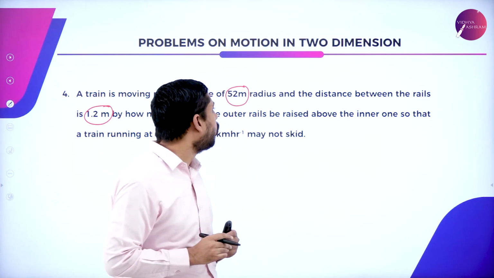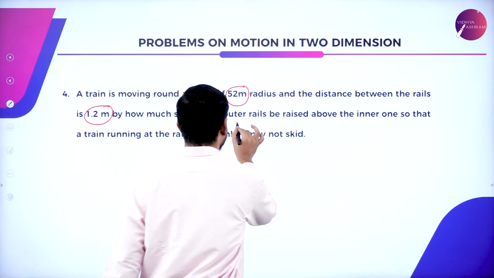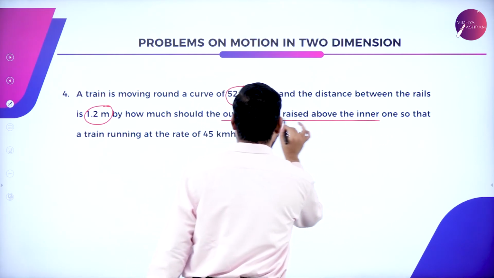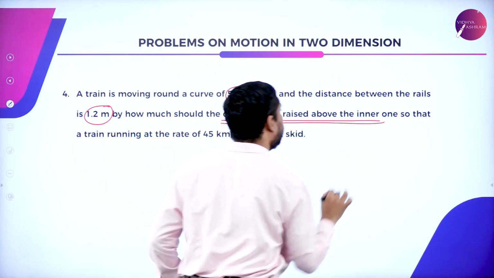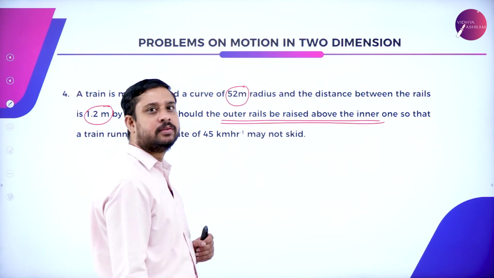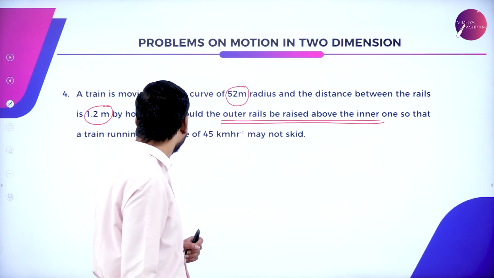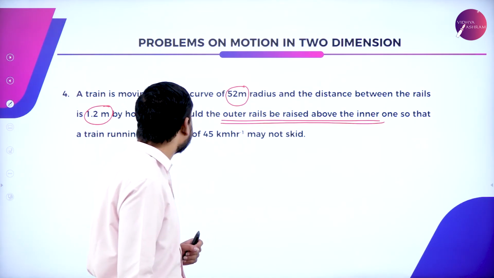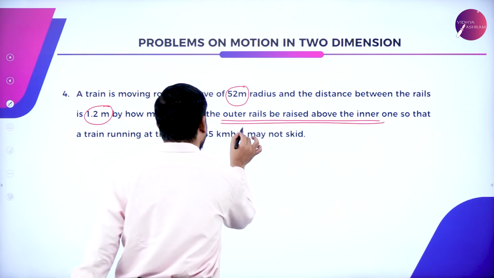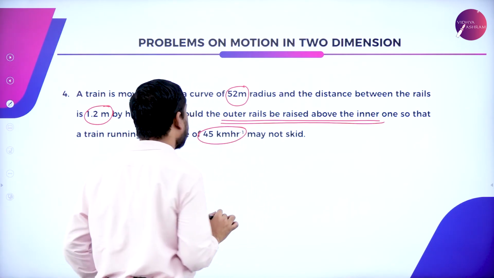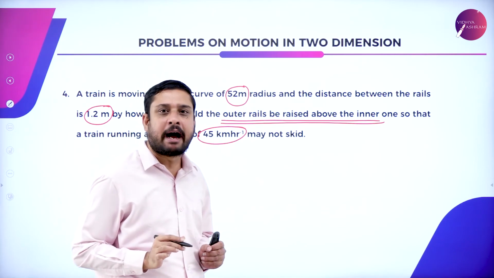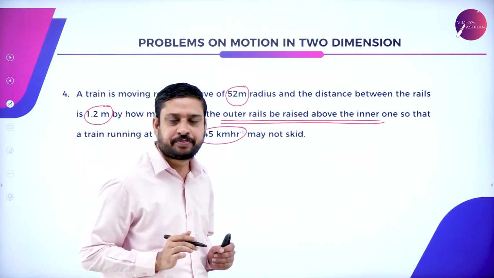How much should the outer rail be raised above the inner one so that the train running at the rate of 45 kilometers per hour may not skid?